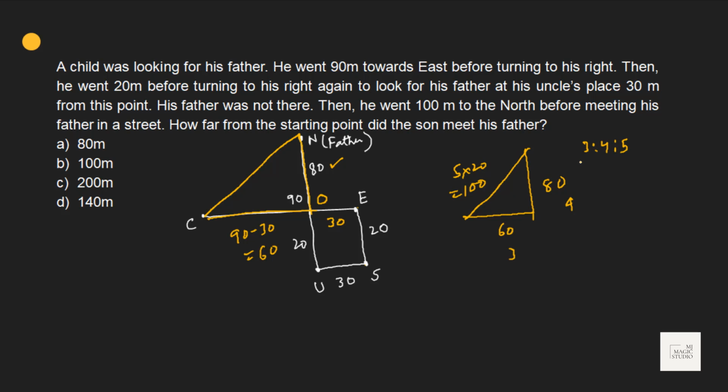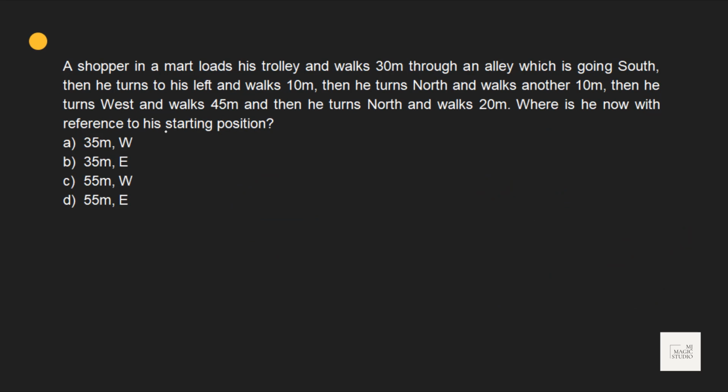Or simply the distance is 60 square plus 80 square, 3600 plus 6400, add up and square root, that will give 100 meters. So how far from the starting point did the son meet his father? 100 meters, option B.